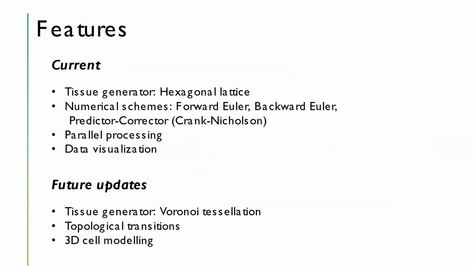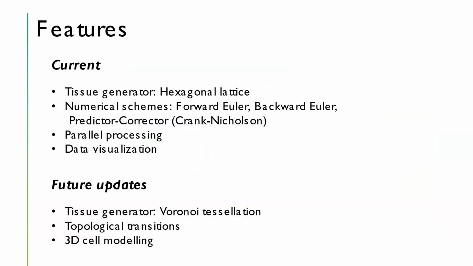The current features in the software package are a tissue generator that generates a hexagonal lattice. You can have these hexagons arranged in a hexagonal manner or in a rectangular manner. The numerical schemes currently implemented are forward Euler, backward Euler, and predictor-corrector. For parameter sweeping, it has a feature to make the most use of multiple cores by parallel processing.